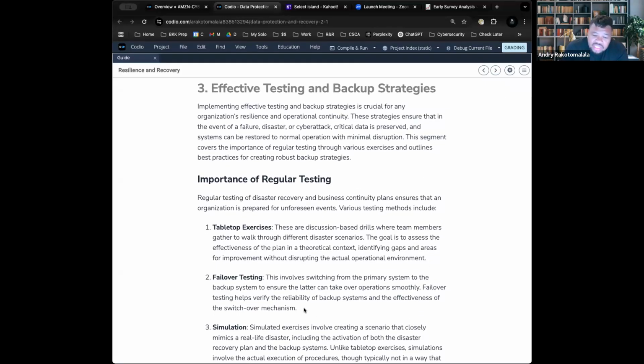Failover testing is essentially where you switch from your primary backup system to your secondary backup system to ensure that it works. So the failover testing process is to make sure that the failover process is reliable and that it's effective.